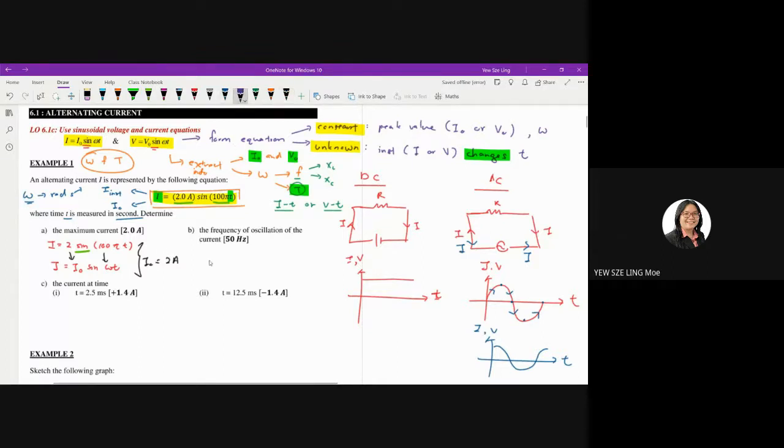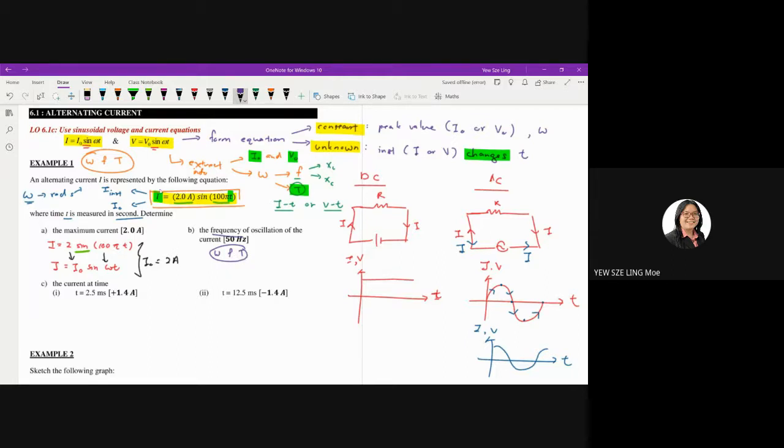Now let's look at question B. Question B asks you to determine the frequency. Remember the family for the frequency. How to determine frequency? Frequency, omega and the period are one family. If questions ask you to calculate frequency, it means either omega or period will be given.